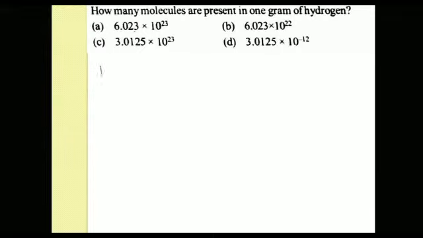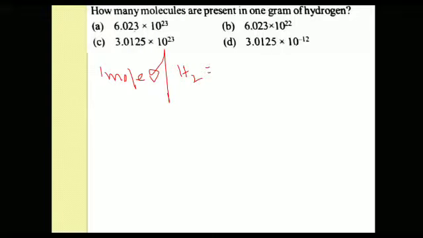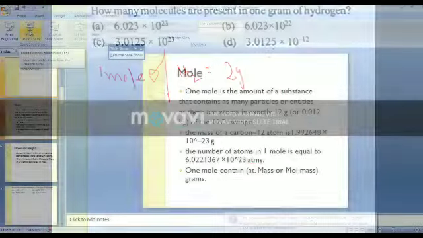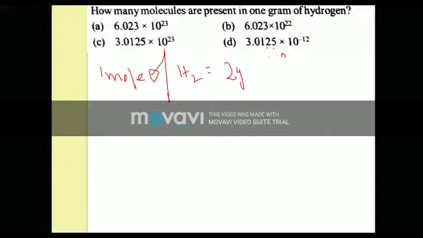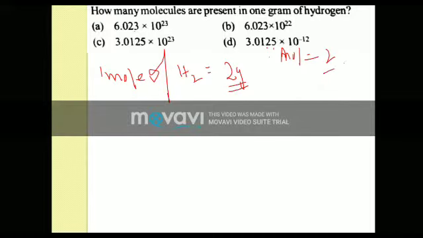First thing, 1 mole of H2 will have how many grams? 2 grams, because we know the molecular mass of hydrogen is 2. So 1 mole of hydrogen will have 2 grams.